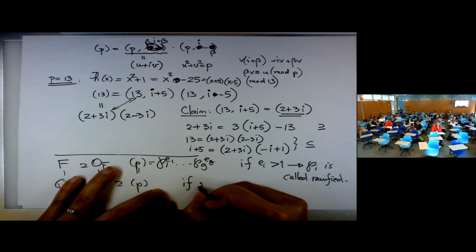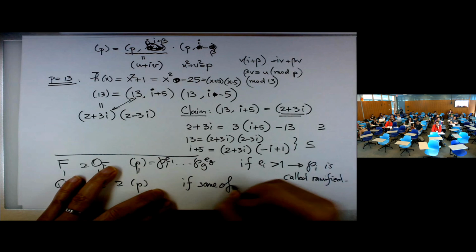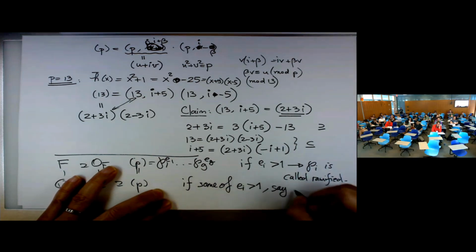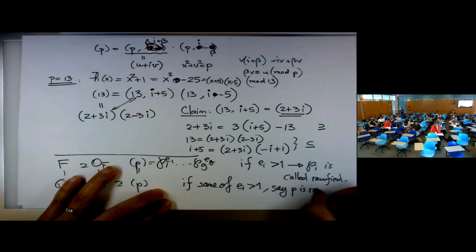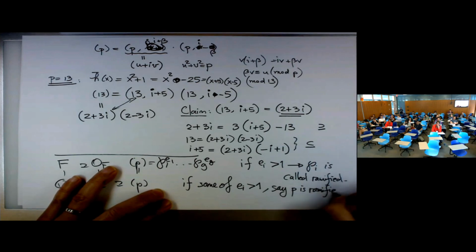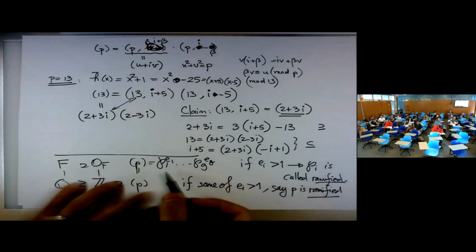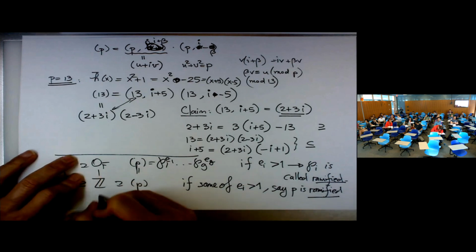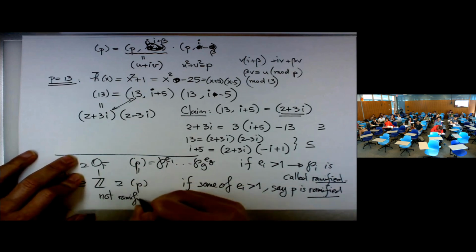If some e_i is bigger than 1, we say P is ramified. So as long as one of the exponents here is not 1, this prime P is called ramified. Not ramified is called unramified.